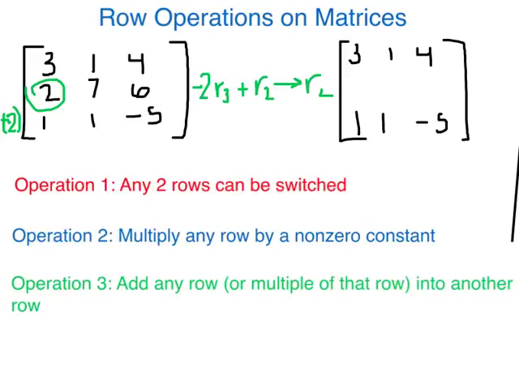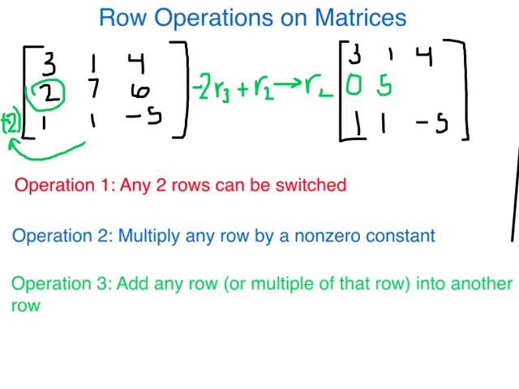So what we do is we have here 1 times -2 is -2. And then we're going to add that into row 2. So we've got -2 plus 2 is 0. Then let's do the next one. 1 times -2 is -2. -2 plus 7 is 5.